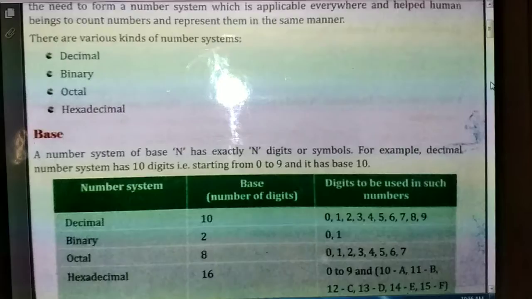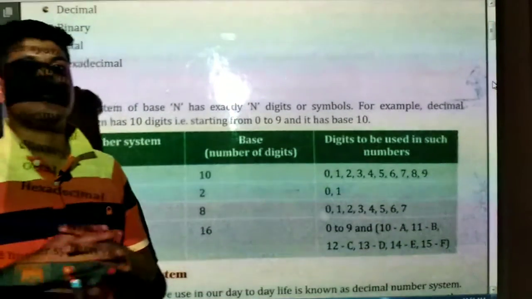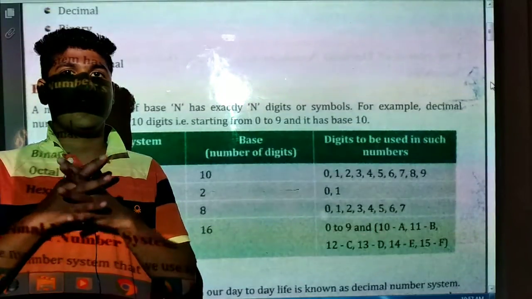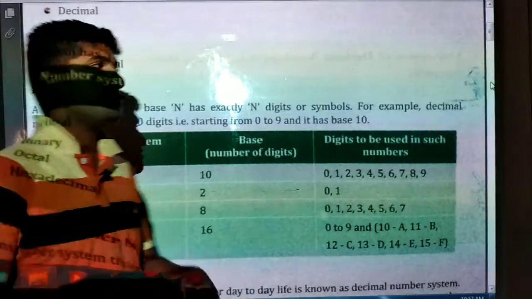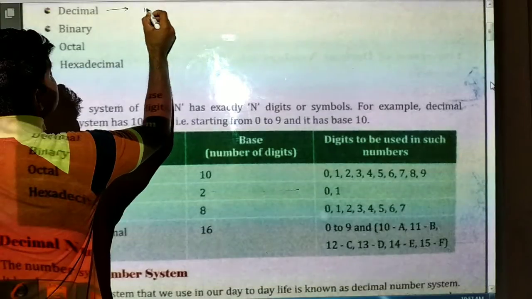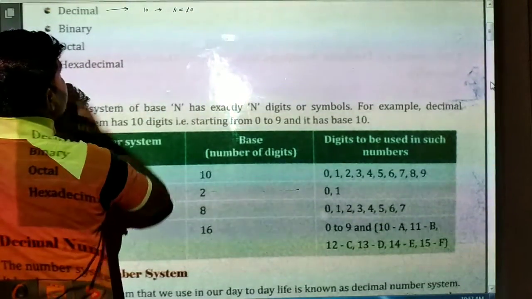The next topic is base. We will also discuss the base of these number systems. What is the base? It is exactly the number of digits present in a number system. So in decimal number system, 10 digits are present, so its n is equal to 10.